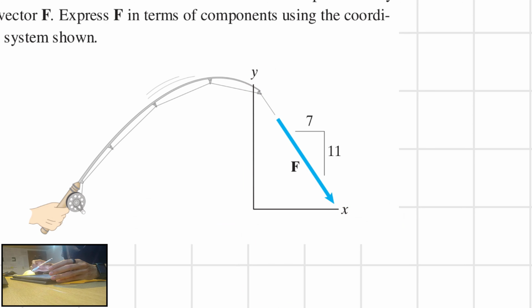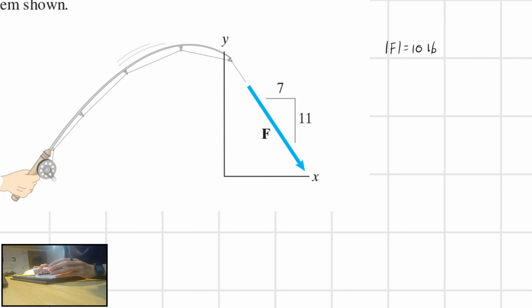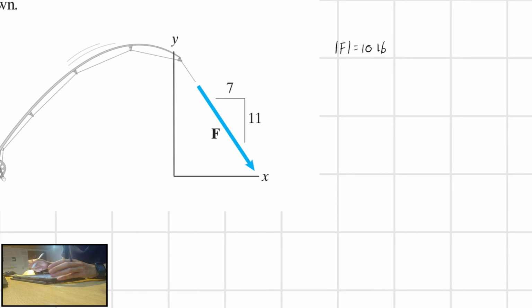And they are telling me that the magnitude of F is going to be equal to 10 pounds in this case, because of the force that is exerted on the line. They are giving me a triangle, which has two different components, 11 and 7.